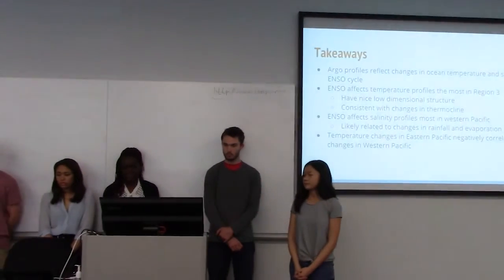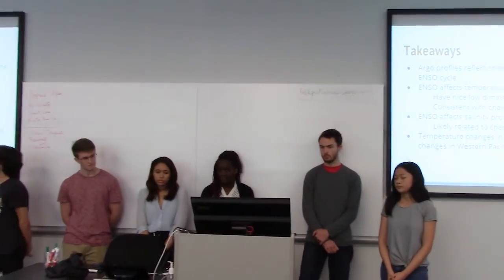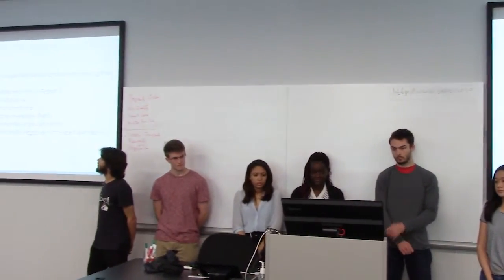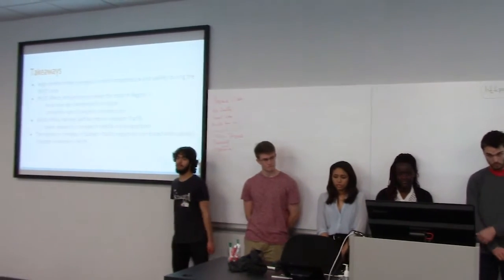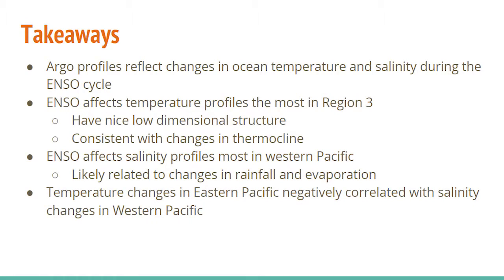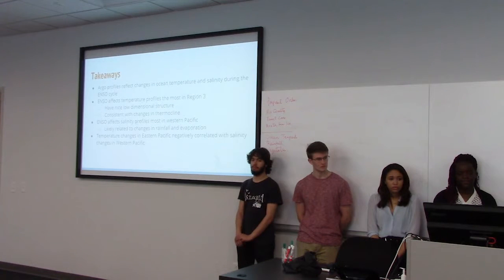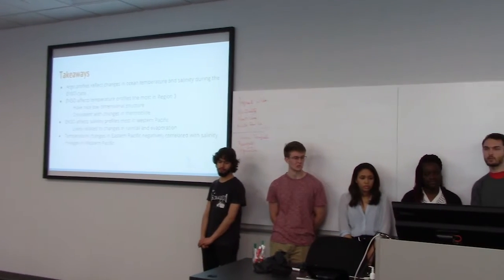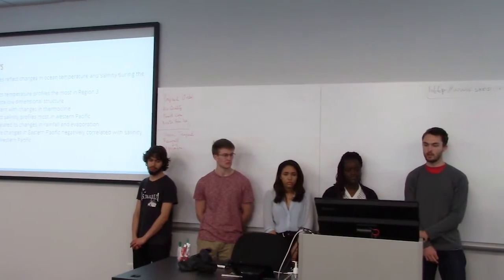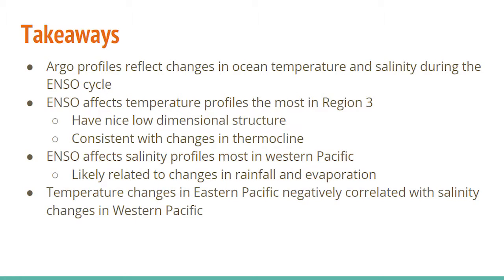Some of the takeaways from the project were that Argo profiles actually reflect the ocean temperature and salinity during the ENSO cycle. We also found that these temperature profiles have a nice low-dimensional structure that changes nicely with El Nino and La Nina.